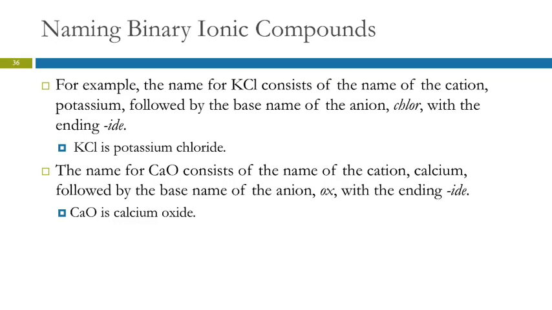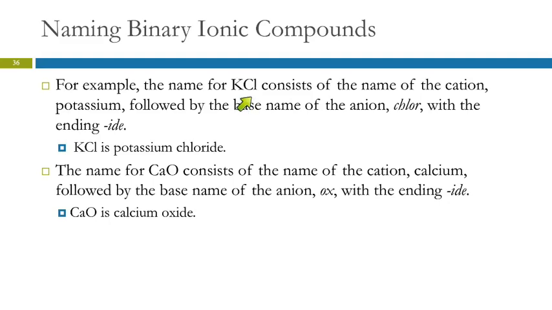So here's an ionic compound, KCl. To name this, we look at the elements that are in it. We've got K for potassium and Cl for chlorine. So the name for the potassium ion is just potassium because he's in group 1A, doesn't need a Roman numeral.